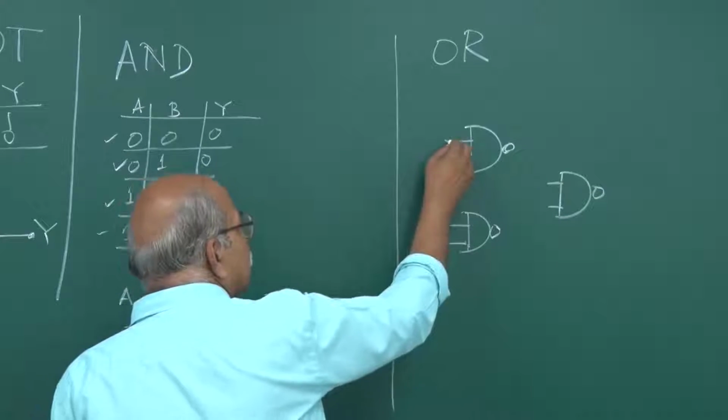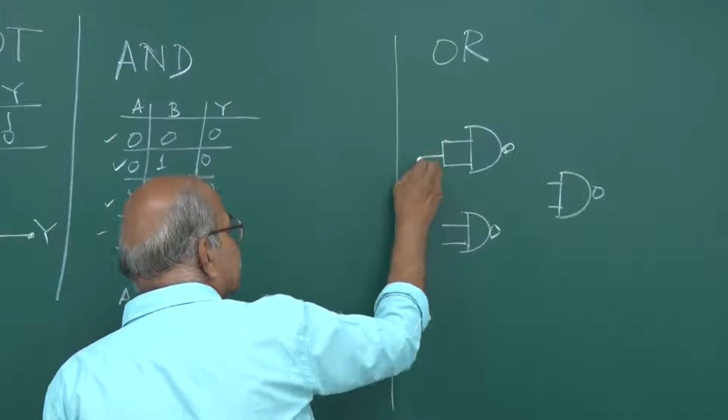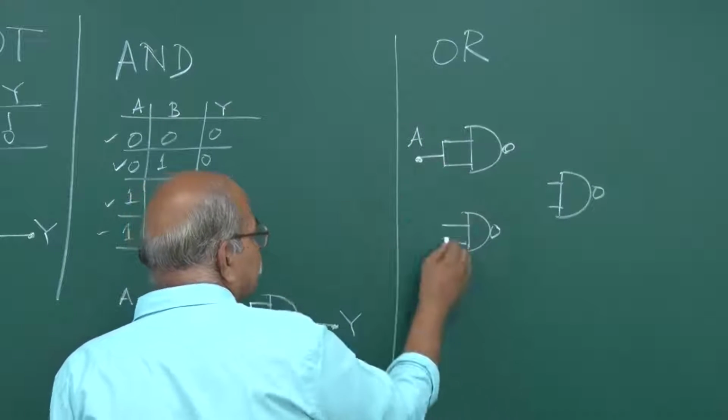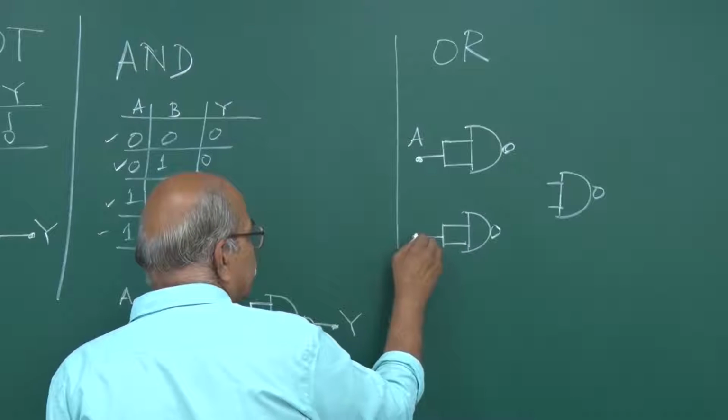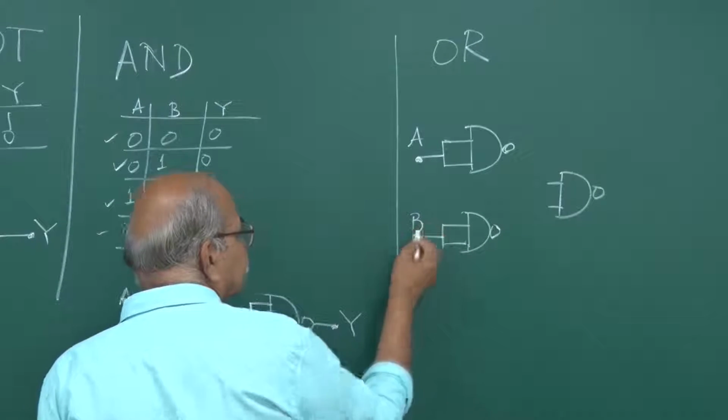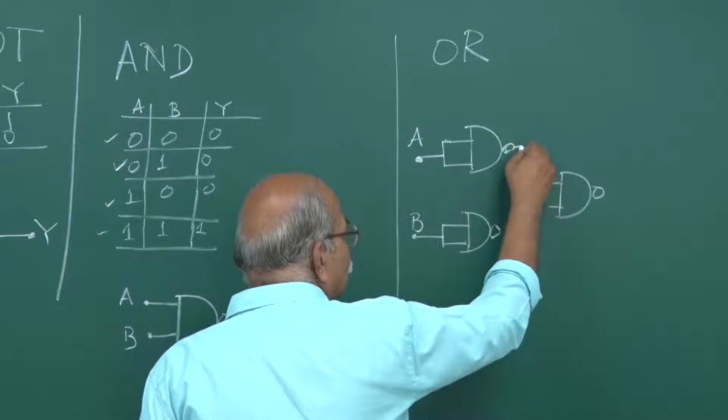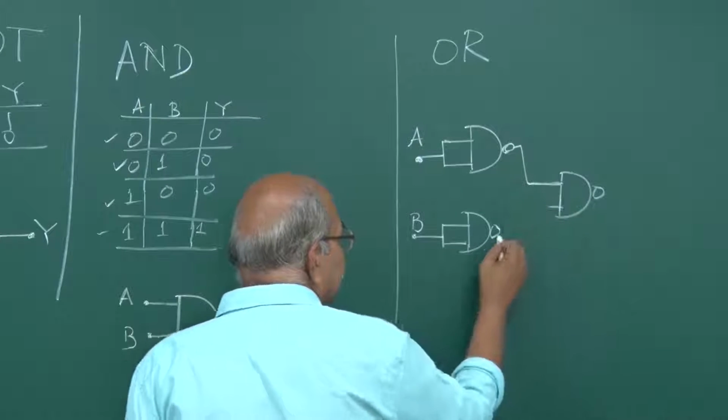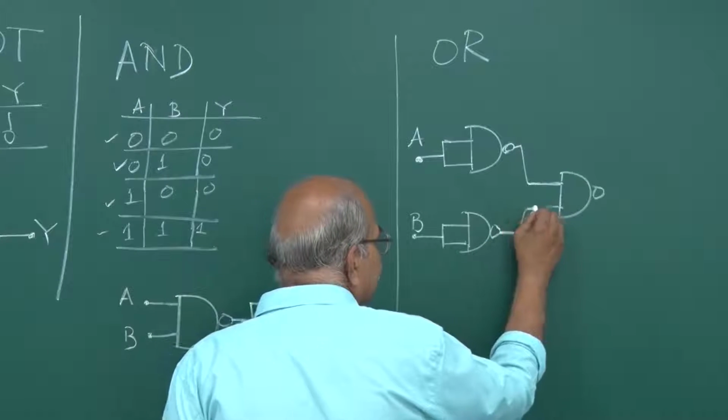The first input I am giving here, this is the first input A, and this is the second input B, and the output of this goes as one input here, and output of this goes as one input here.